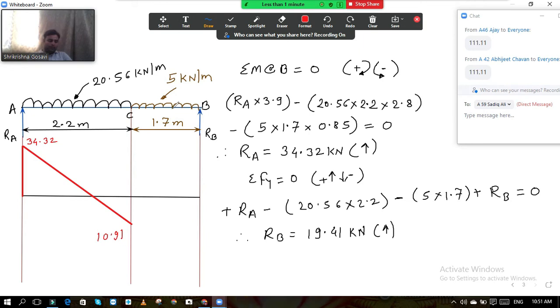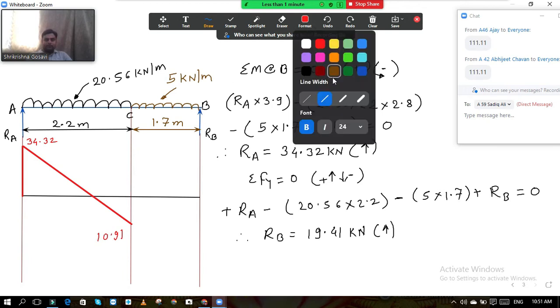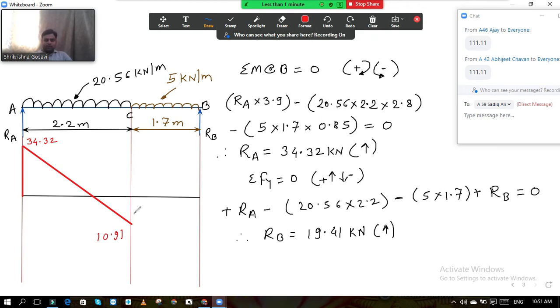So again press minus, it is 5 into 1.7, so it is minus 19.41. So again it will be like this. It is not constant, UDL is there. So this is the diagram.